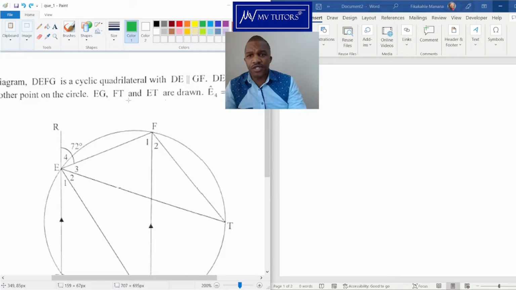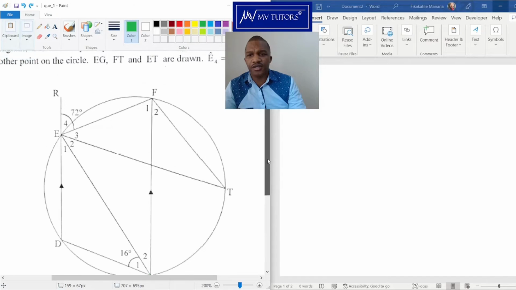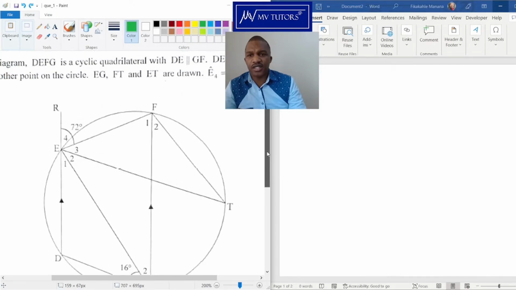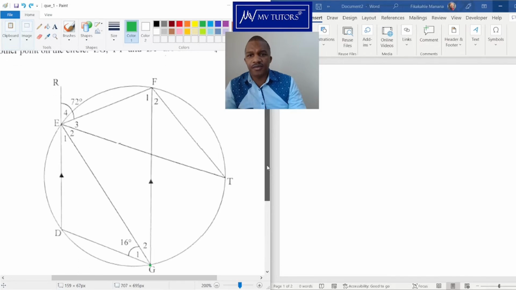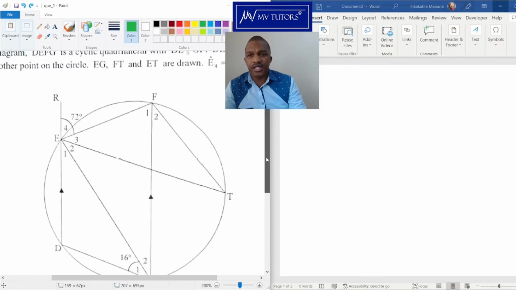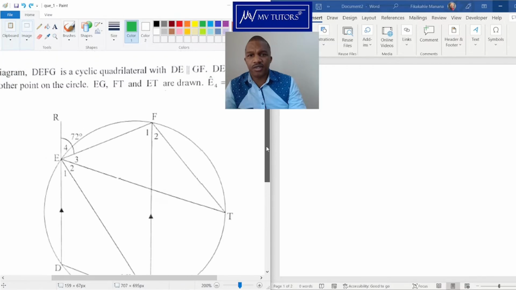For example, FT and ET are drawn. Okay, they are drawn, meaning they're joined. I see EG. FT, where's FT? I see it. FT and ET, where's ET? I see them, they're drawn.